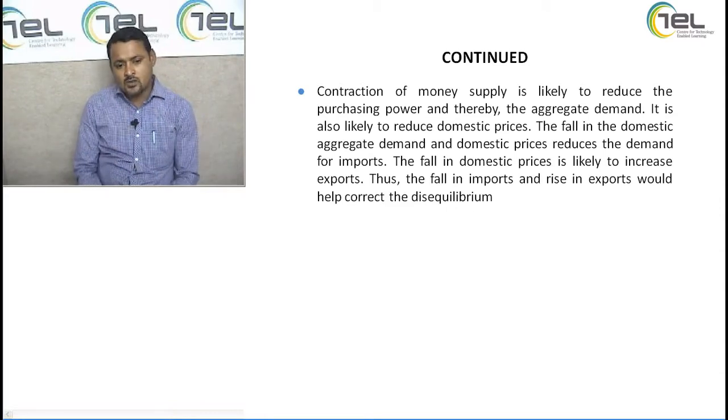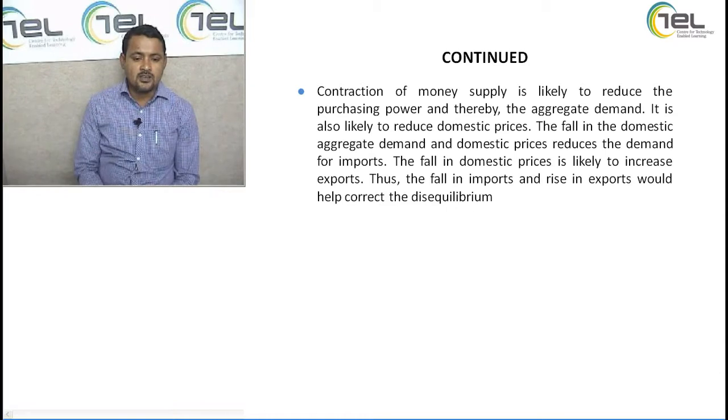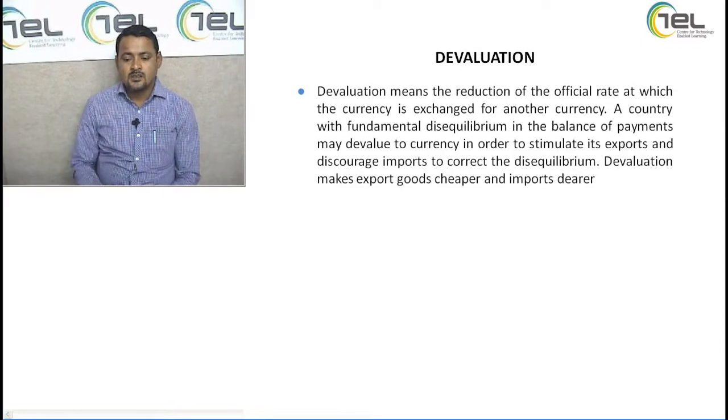It is also likely to increase exports because domestic prices are lower and the international market gives you more prices. You would like to sell in the international market and not in the domestic market. So a fall in imports and a rise in exports will bring more inflow of funds, thereby substantially correcting the BOP disequilibrium to make it positive.